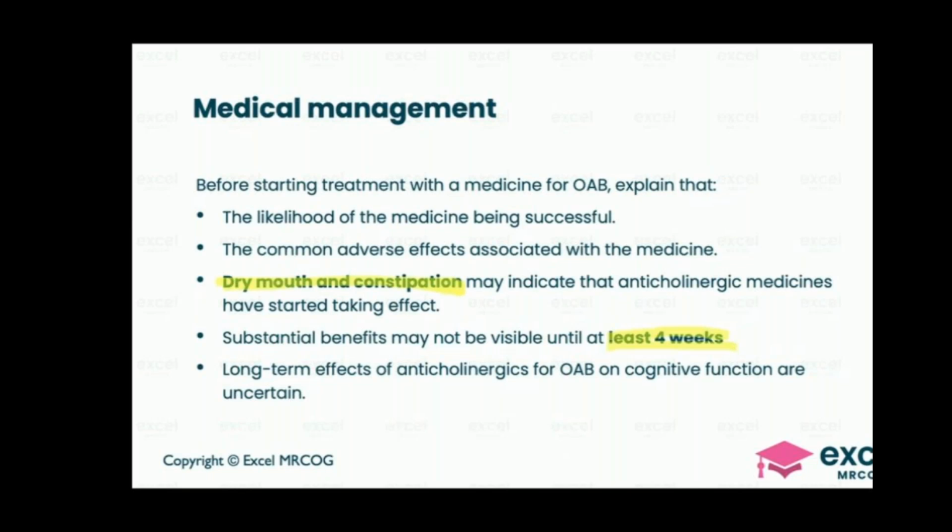These are anti-muscarinic drugs, anticholinergic drugs. Muscarinic receptors are present in the mouth and in the gut, where they increase motility. So what you can have is dry mouth and constipation. These are the problematic symptoms for your OAB.